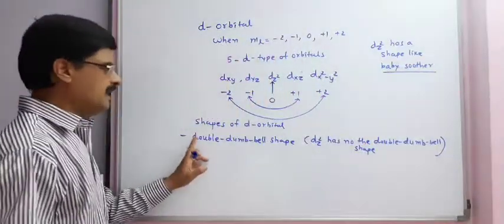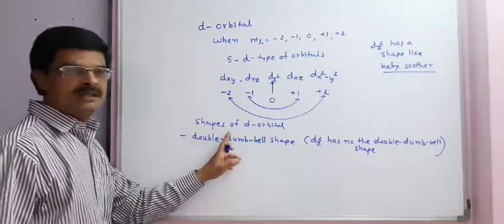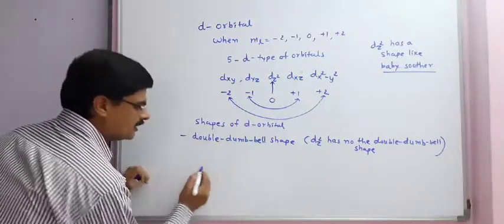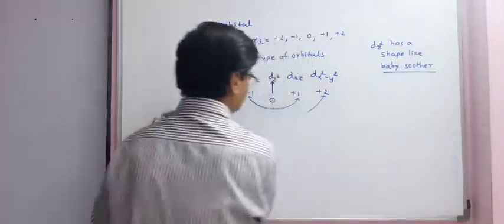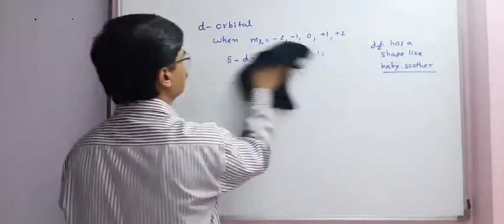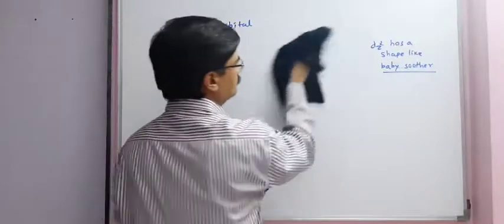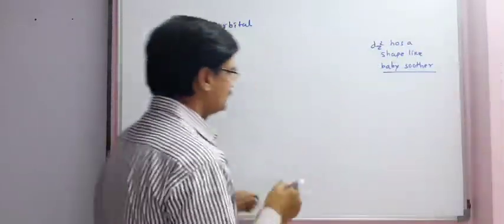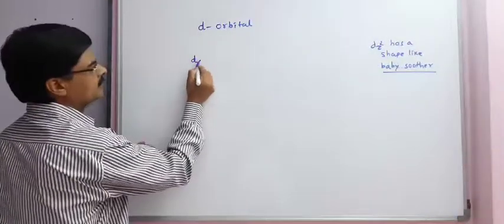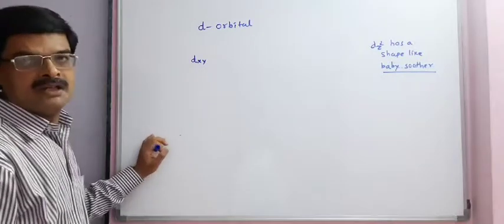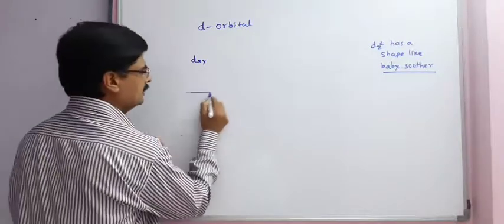Now we study the shapes of the different d orbitals. First we understand orbital dxy.